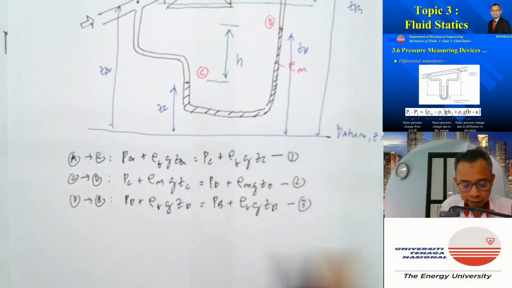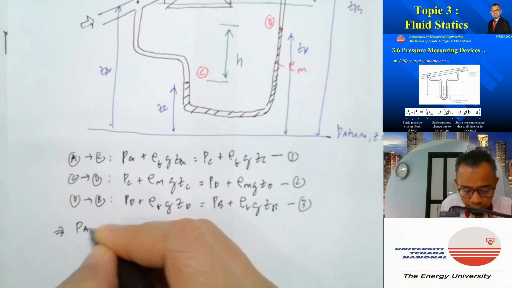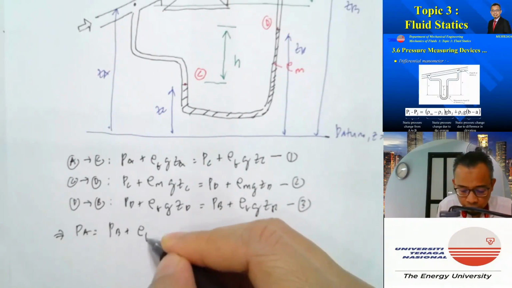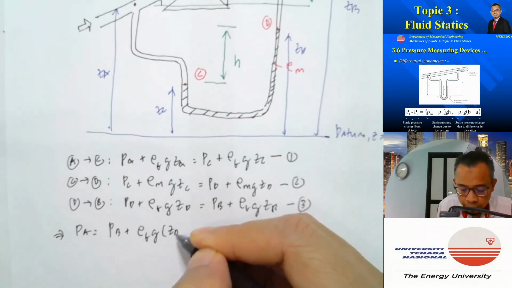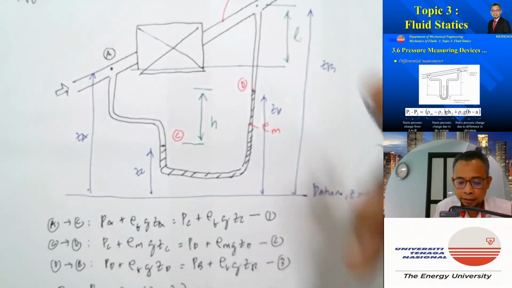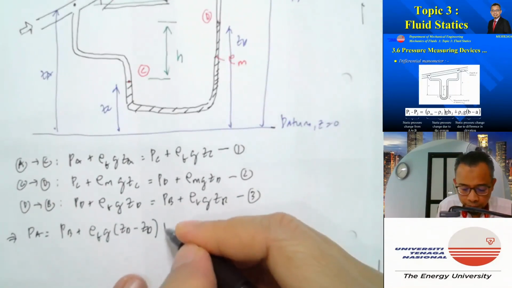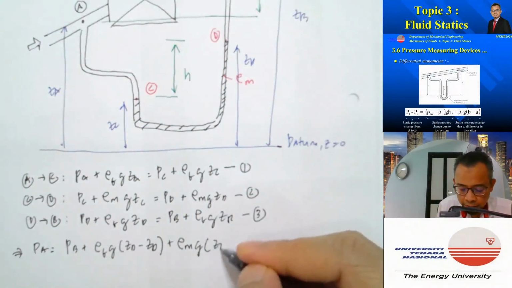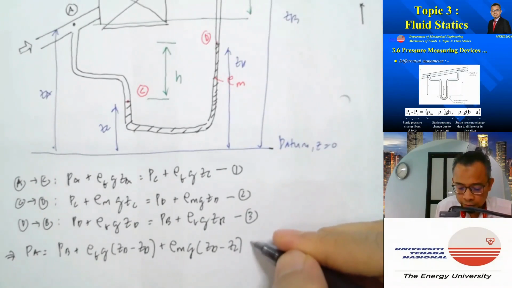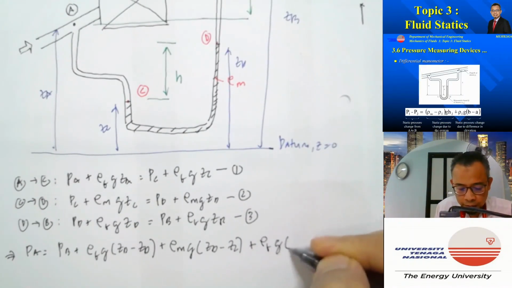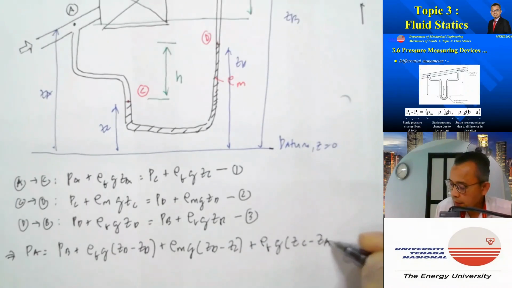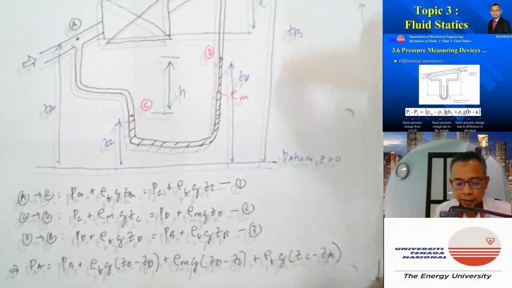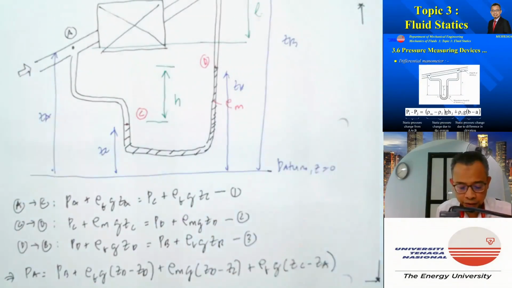So this means that I can write PA is equal to PB plus rho fluid g (ZB minus ZD), that gives me pressure here, plus rho manometer g (ZD minus ZC), plus rho fluid g (ZC minus ZA). Right? Okay, if I rearrange this so that I can put it in terms of L and H.